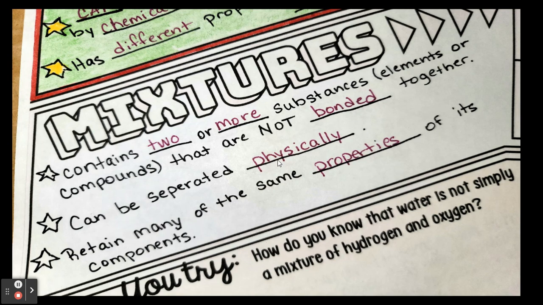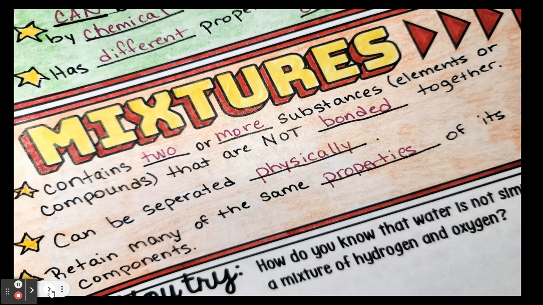You don't need a chemical reaction to separate them. Mixtures retain many of the same properties of their components. So when you mix them all together, more than likely, they could be related somehow. Let's look at some examples. Pause the video if you need to. And don't forget to color it.